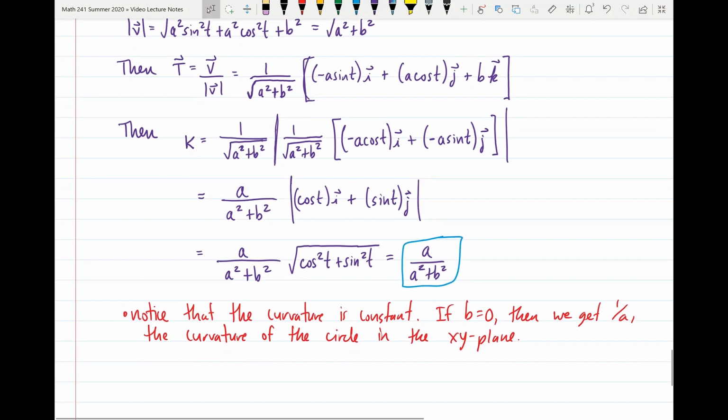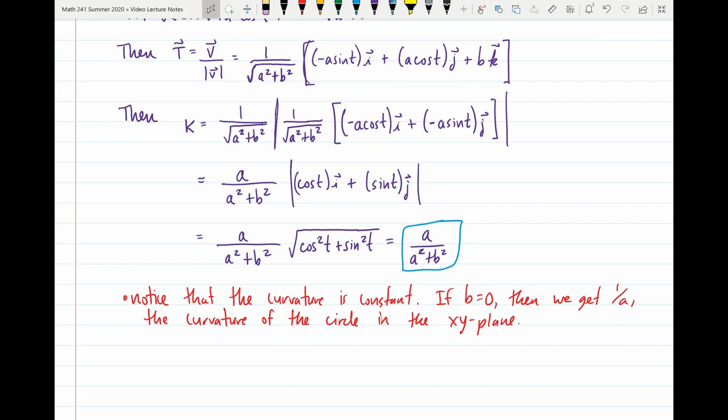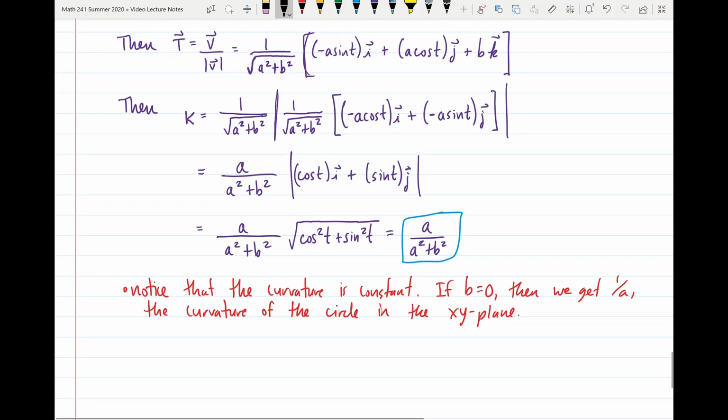And now we can start to write down what the curvature is. So kappa is going to be equal to 1 divided by the magnitude of the velocity, which we've already said is equal to the square root of a squared plus b squared, multiplied by the magnitude of the derivative of the unit tangent vector with respect to t.